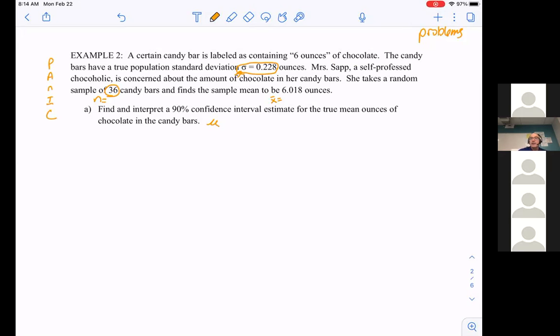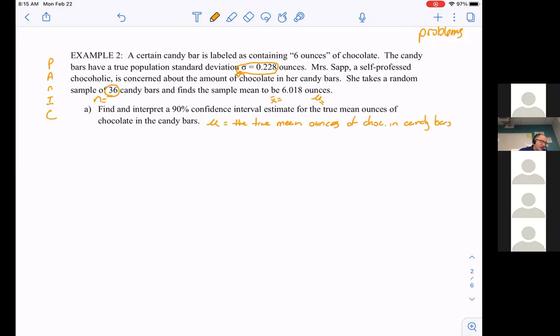So we needed to define my mean, where mu is the true mean ounces of chocolate in candy bars. I suppose I could have been shorter with it, but I actually think that is acceptable.